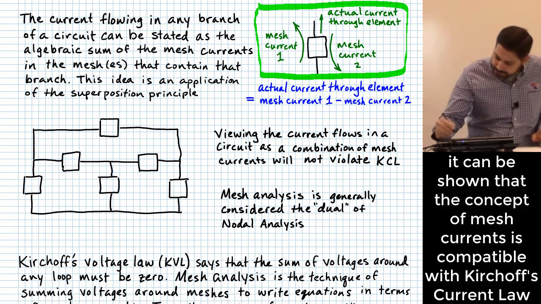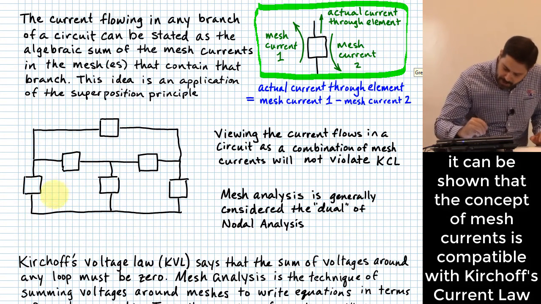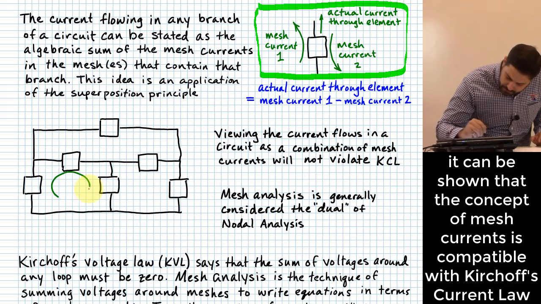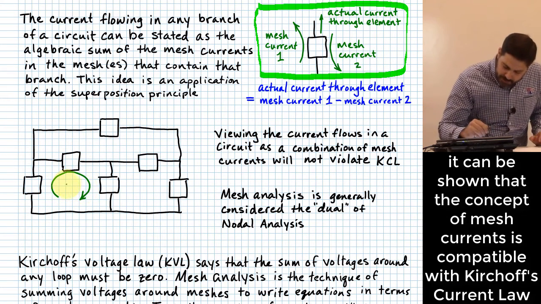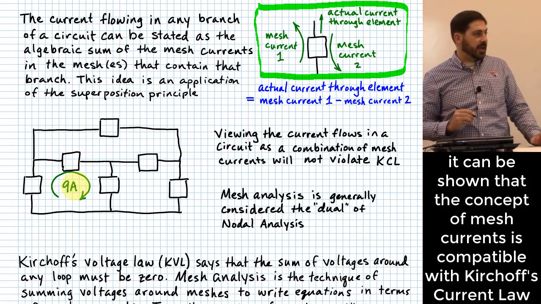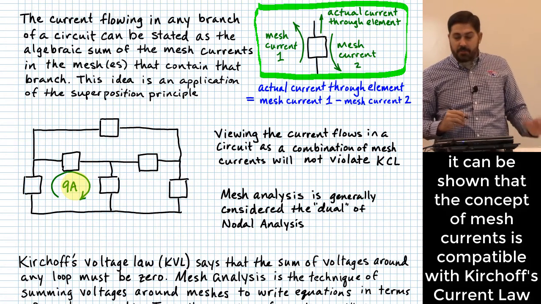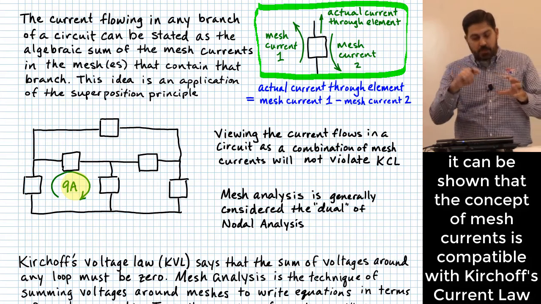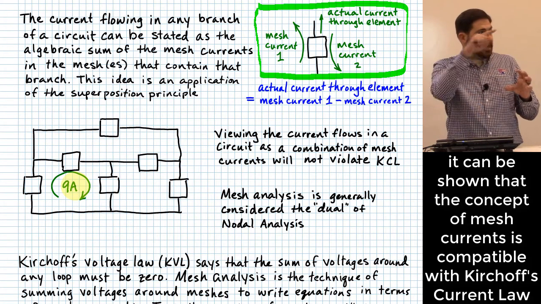So here's how we'll do it. Let's say my mesh current in this mesh, I'm just going to make up numbers here, is 9 amps flowing around that, okay? Now the mesh currents don't have to be defined all in the same direction.